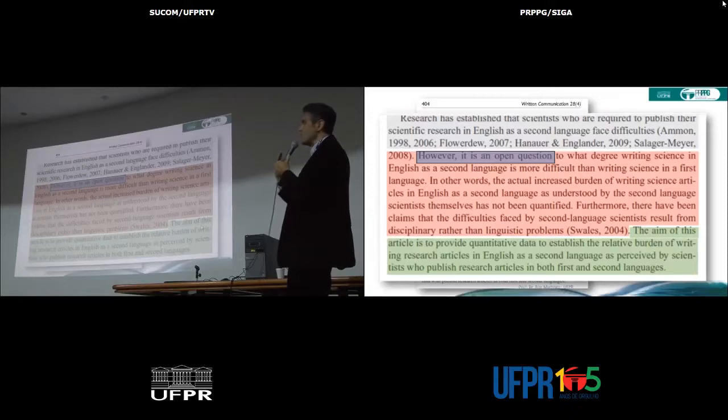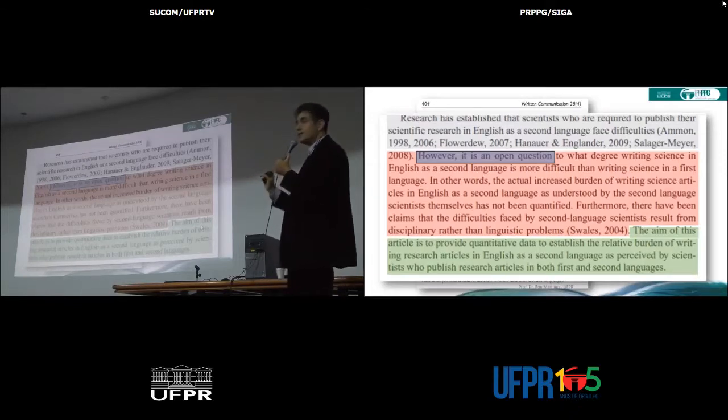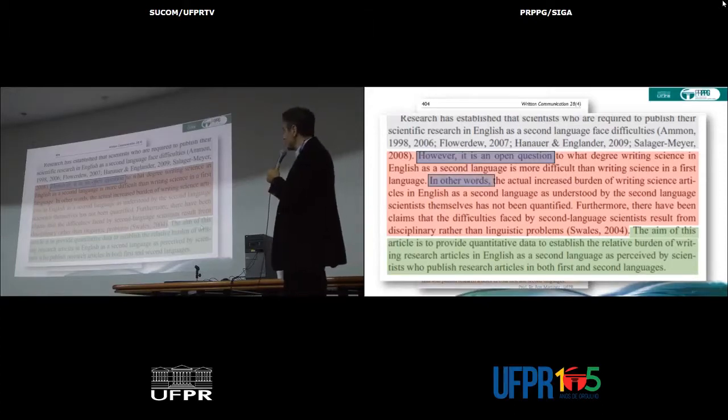Like, it is an open question. Again, if you write this down and you copy it, it's not plagiarism. It's good learning for you. Here you can look at this also as claim and warranting, where the person is saying, this is an open question, and then they're warranting it. In other words, the actual increased burden, they're explaining that.